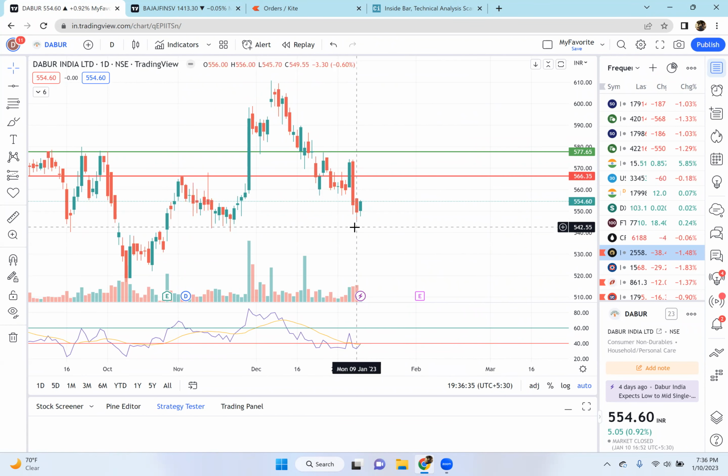Try to practice, and don't cut short. For example, anywhere where you see there is a little bit of difference between the mother and child, don't trade that setup. It has to be exactly inside: the child high and the low has to be inside the high and the low of the mother candle.